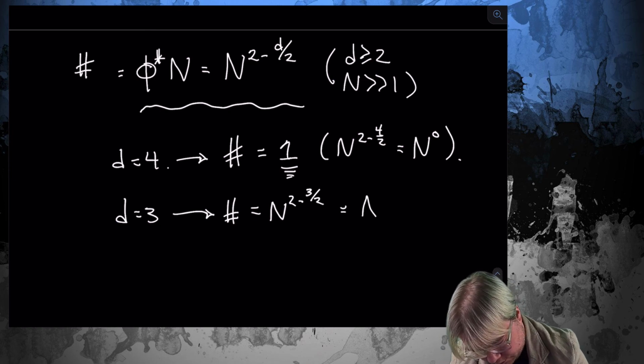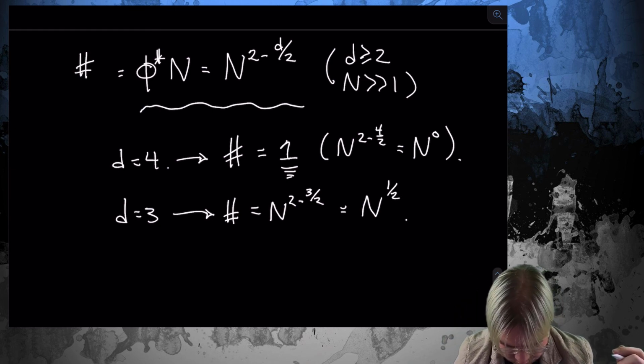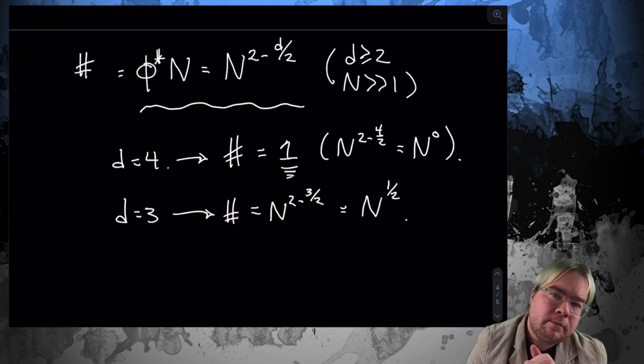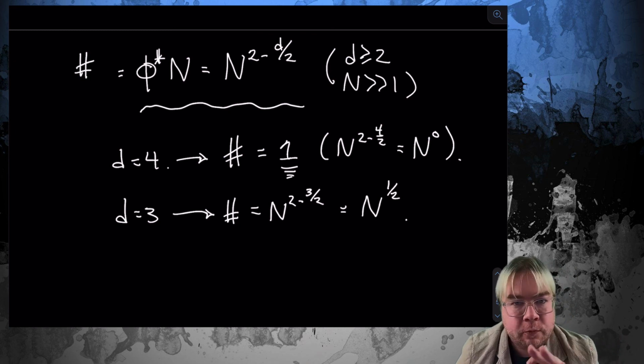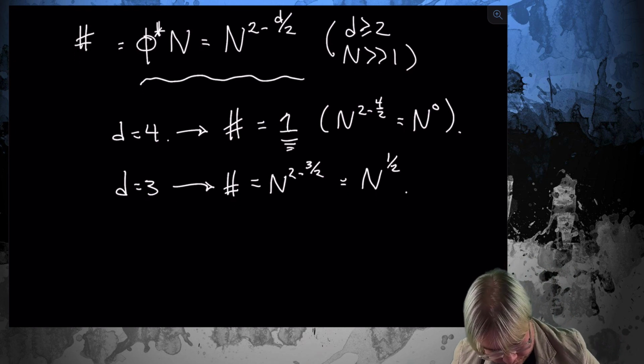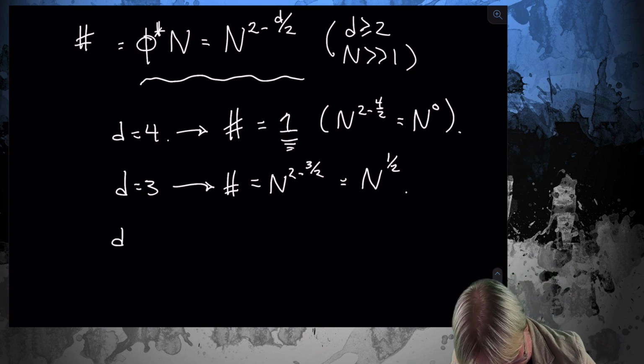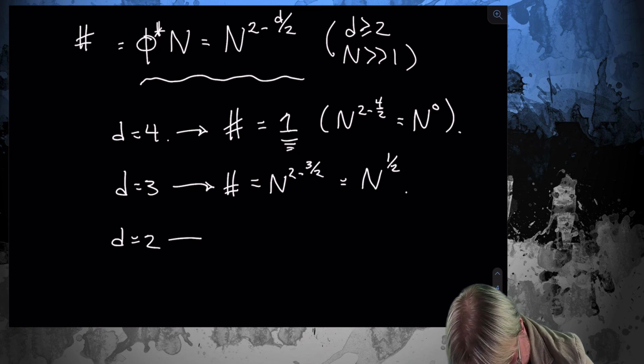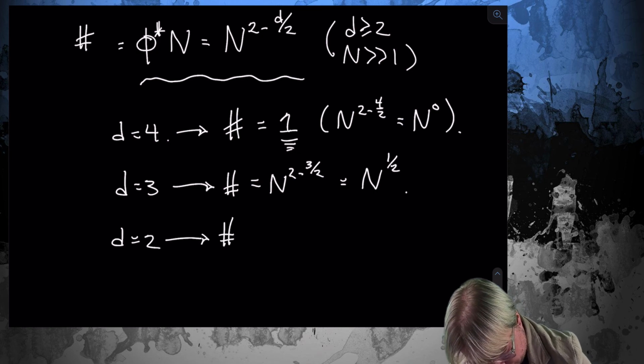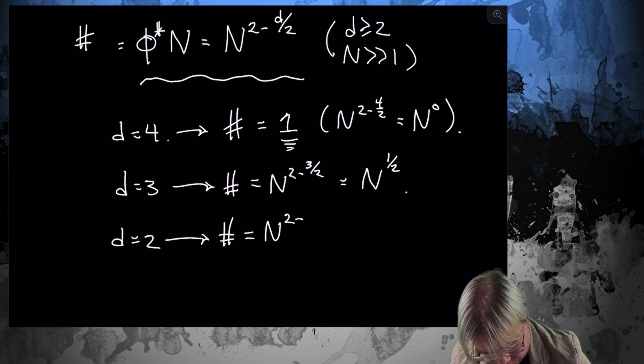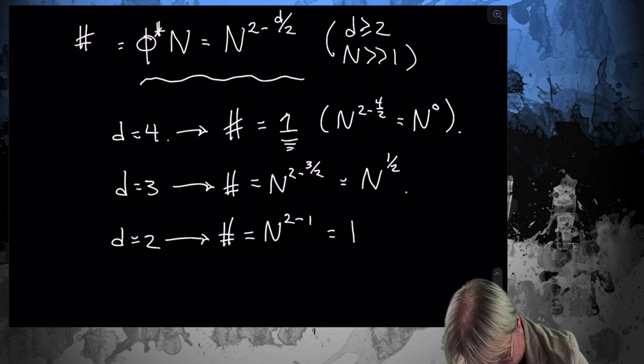That's what? n to the 1/2 power? Yeah, n to the 1/2 power. So that's what it is. And let's just compare d equals 2. The number is going to be n to the 2 minus 2 divided by 2 is 1. So n.